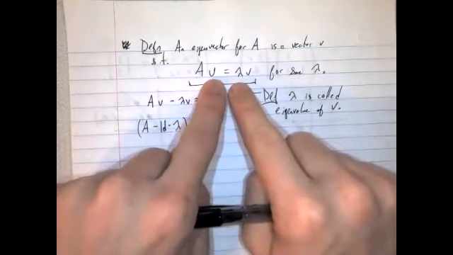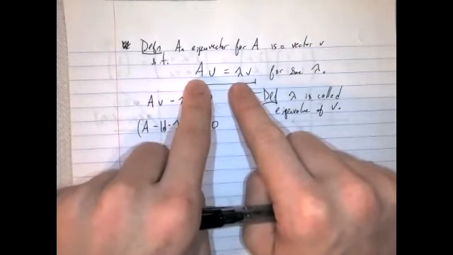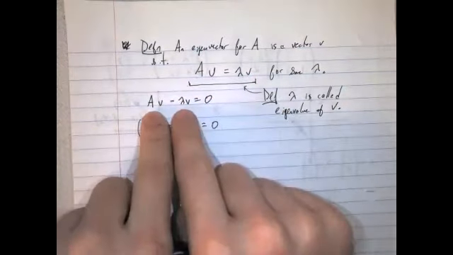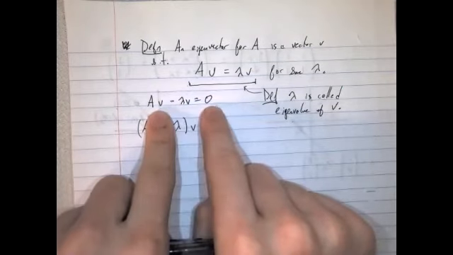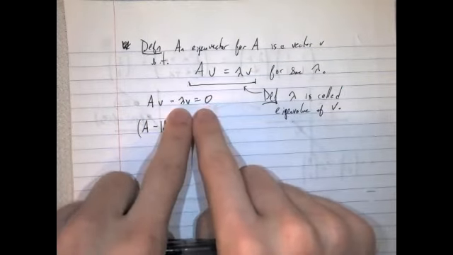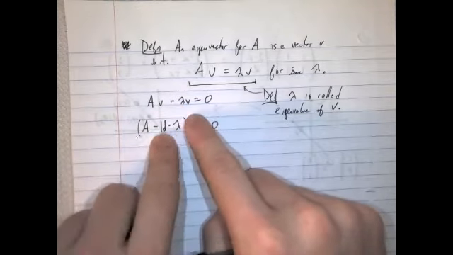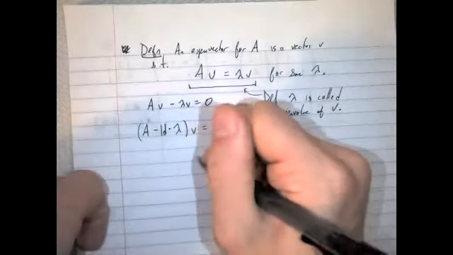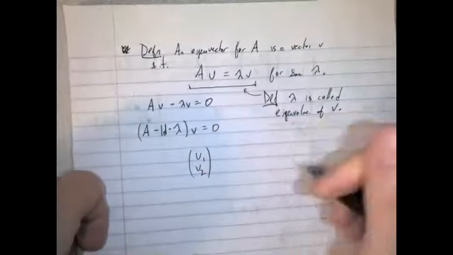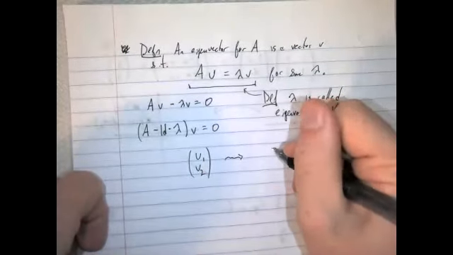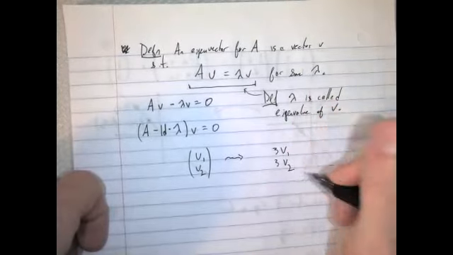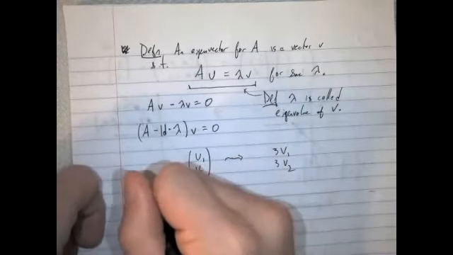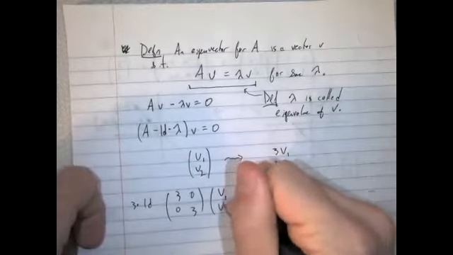So this is telling me that Av is equal to lambda v. But if I just subtract this vector over here, this is telling me that Av minus lambda v is equal to 0. And for any vector, I can write a scalar multiple of v by the identity matrix times the number lambda times the vector v. Like if I have a vector v1, v2, and I want to get the vector 3v1, 3v2, I can do this by just multiplying by the matrix 3, 0, 0, 3, which is equal to 3 times the identity times v1, v2.